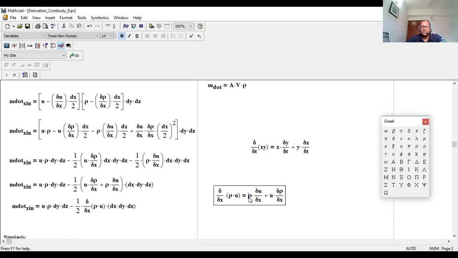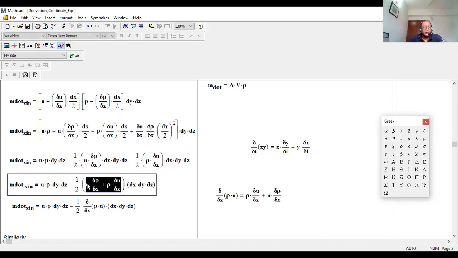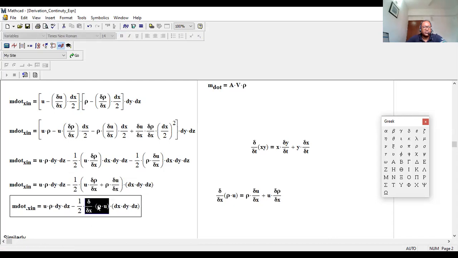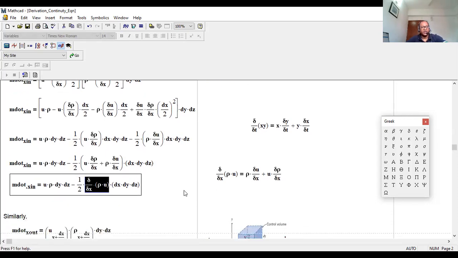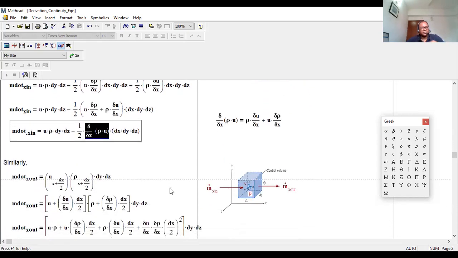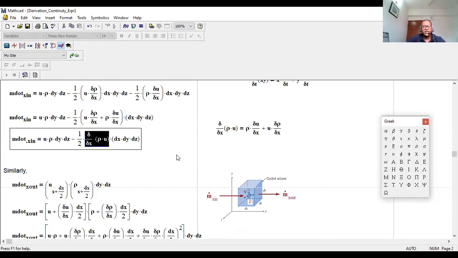So like this is u, then del v by del x, then it is v del u by del x, right? Instead of v, we have rho. So this term we can write as del by del x of rho u. Okay? Now, so this is m dot in.